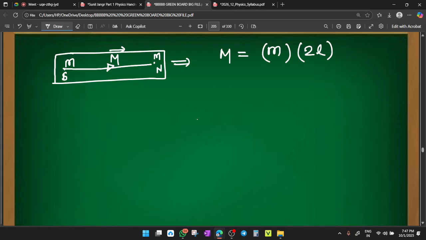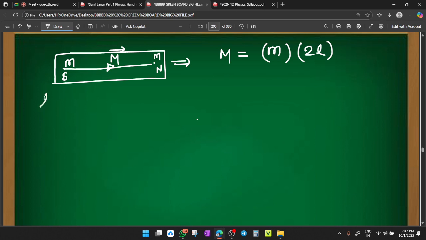If this is the south pole and this is the north pole, then the magnetic dipole moment, directed from south to north, m vector, has magnitude small m multiplied by 2l. Clear, beta? This was the magnetic dipole moment for a bar magnet.